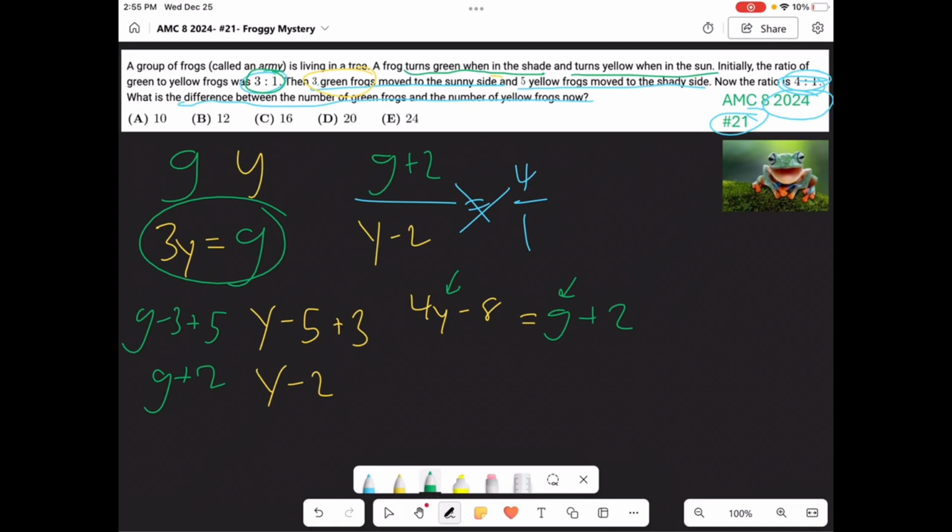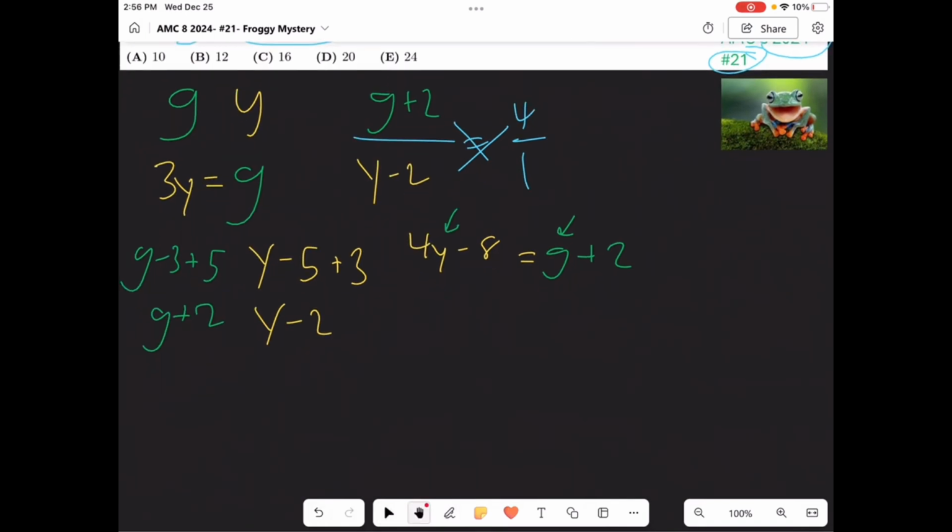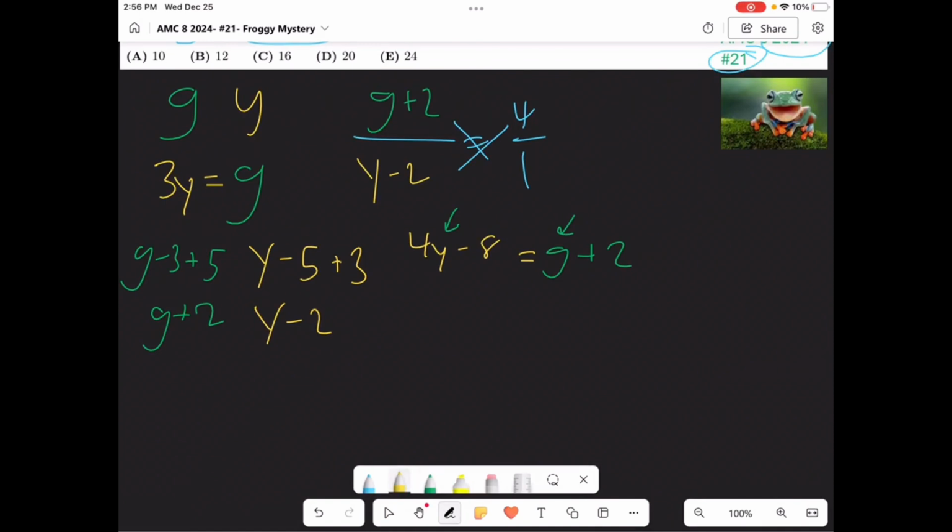So we can keep 4y minus 8, but g is the same thing as 3y, so we would replace that with 3y. So now solving this, we will get y equals 10.